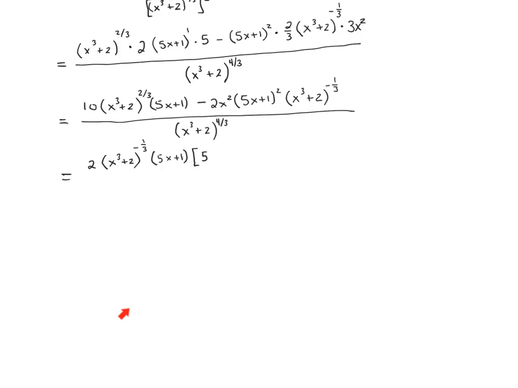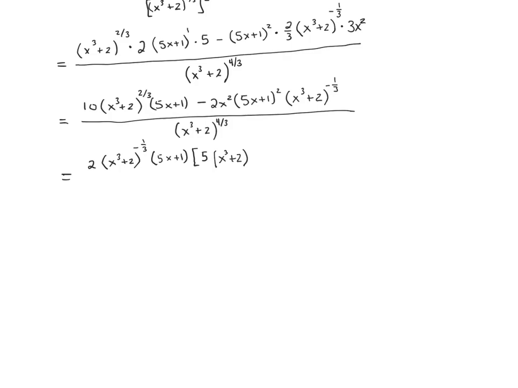From x cubed plus 2 being factored out to the negative 1/3 power, we are supposed to obtain a 2/3 power if we were to distribute. So we have x cubed plus 2, and that will be raised to what power? Well, negative 1/3 will have to be multiplied by what power in order to obtain 2/3.